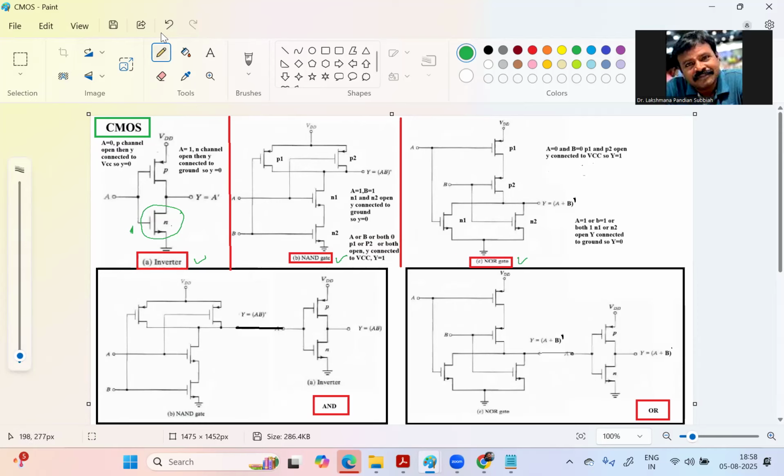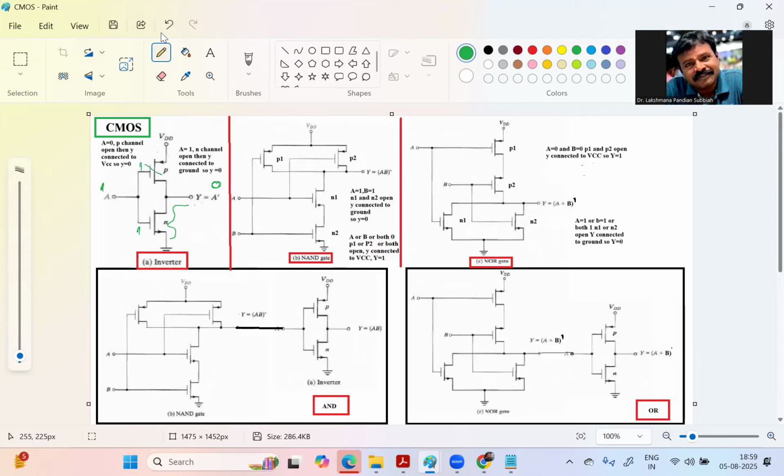In the inverter, if you are applying one, then the N channel is allowed to conduct. So the output is directly connected with ground, and zero means connected with ground. Here the P channel won't allow conduction with one.